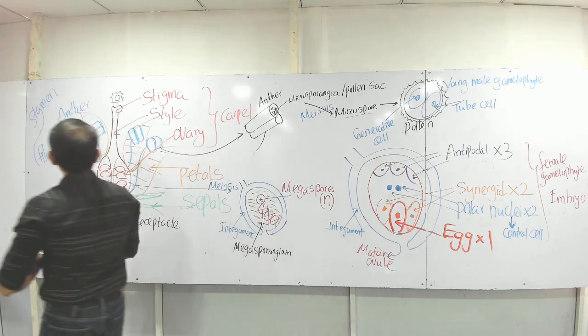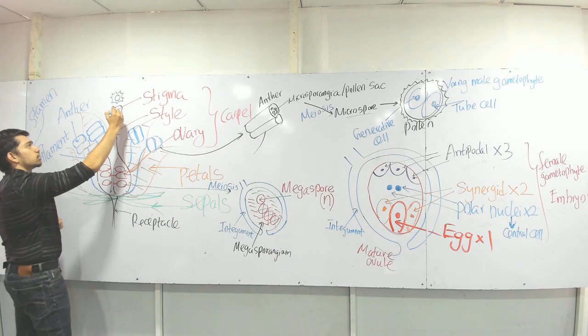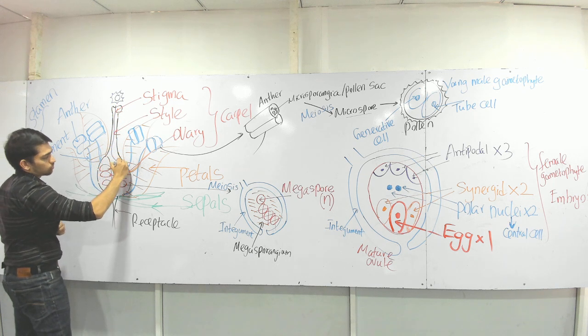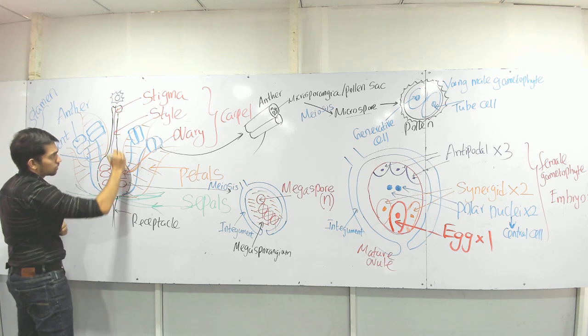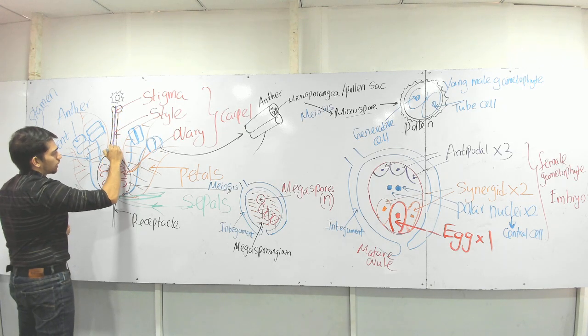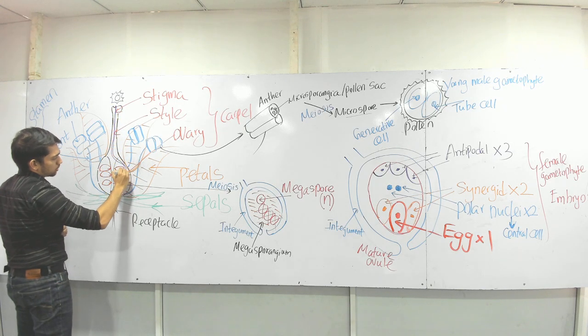The pollen grain is going to germinate and extend the pollen tube. So imagine this is the chosen ovule. This pollen grain is going to extend the pollen tube like this and it's going to go into this ovule.